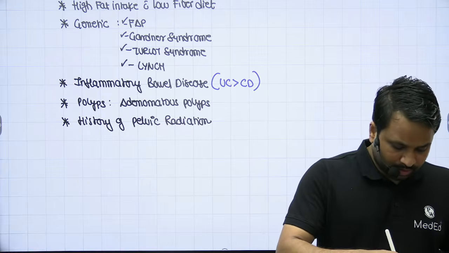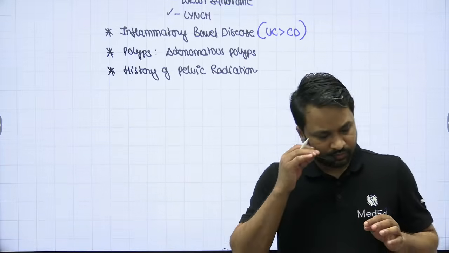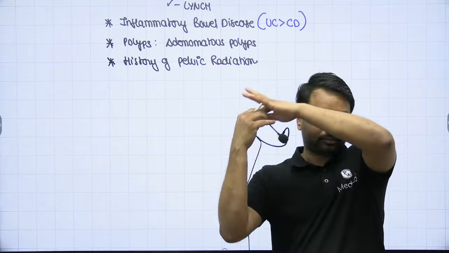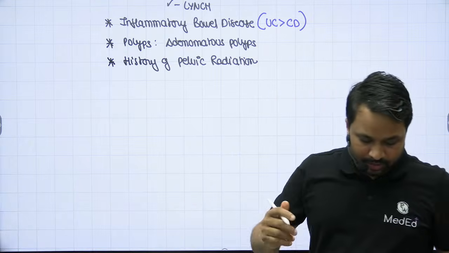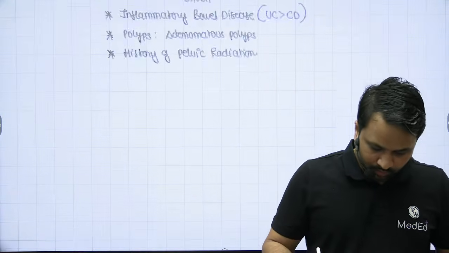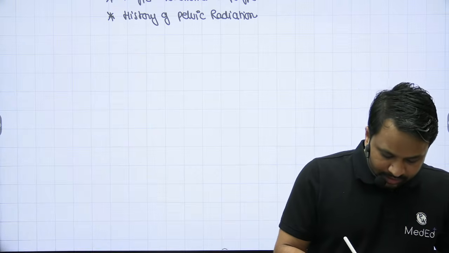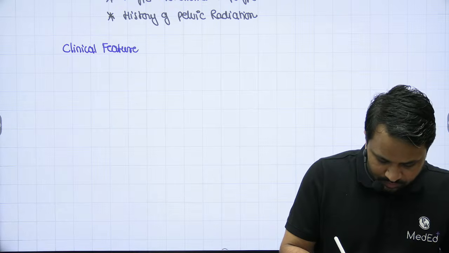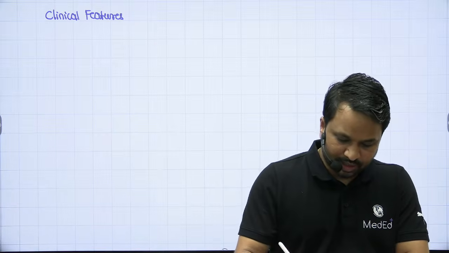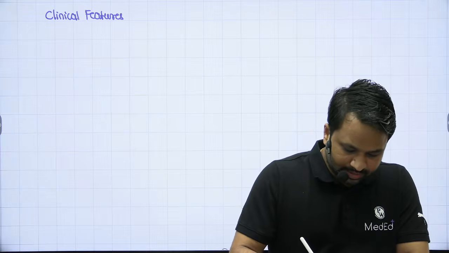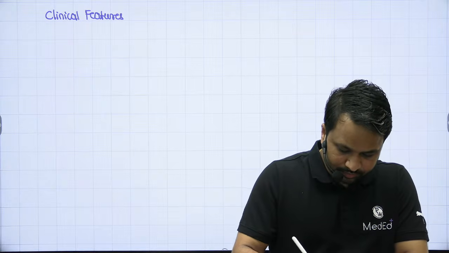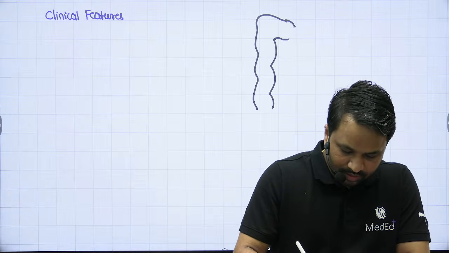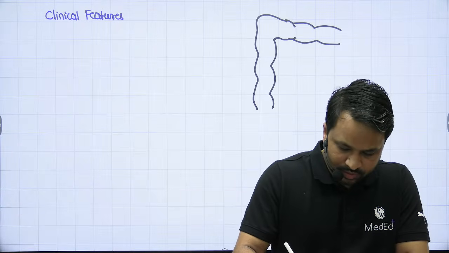Now, when you talk about rectal cancers, let's talk about the clinical presentation, the clinical features of rectal cancer. To understand the clinical features, if you take this as a representation of the ascending colon, this is the ascending colon, this is the hepatic flexure, this is the transverse colon.